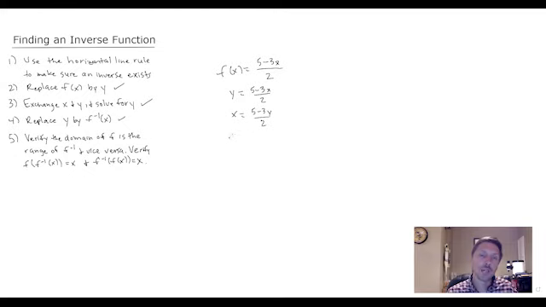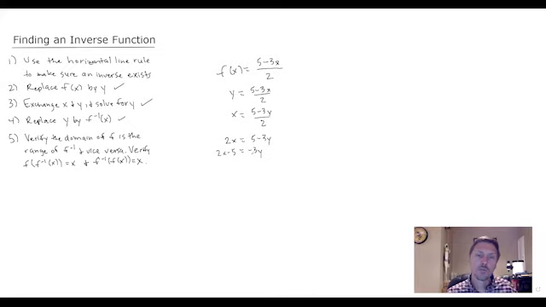So if we do that, we're going to multiply both sides by 2 and get 2x on this side equals 5 minus 3y. We'll bring the 5 over to the other side. So 2x minus 5 equals negative 3y.